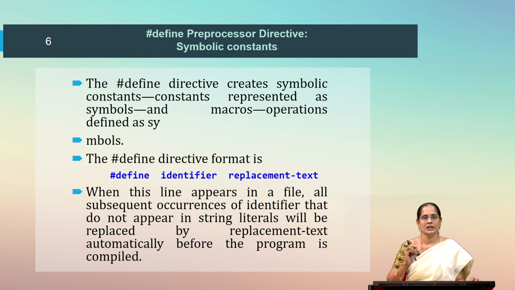When it is used with the define keyword as hash define, it is used for creating symbolic constants, and macros are used for creating symbolic operations. The hash define preprocessor directive is used to assign a symbolic constant to a symbol, and macros are used for defining a set of operations, and those operations can be named with a symbol. So, we are just going to focus on how symbolic constants can be handled in C.